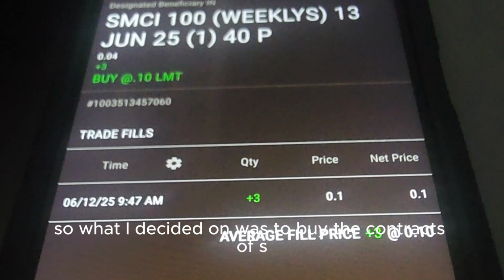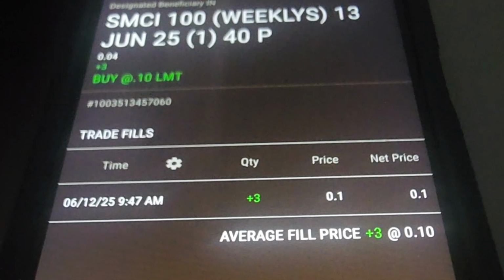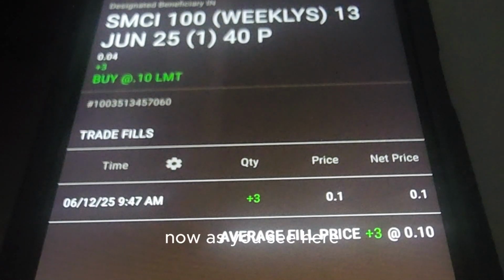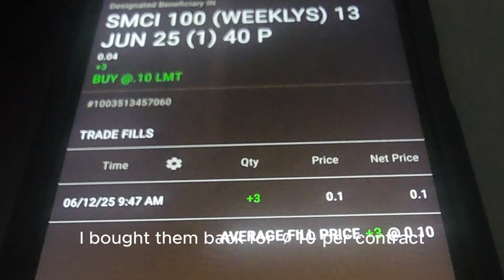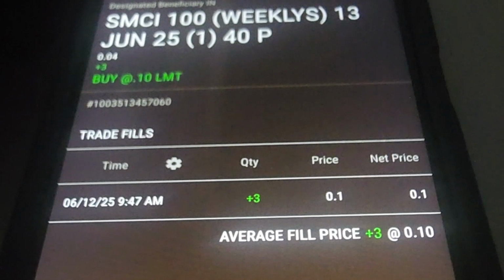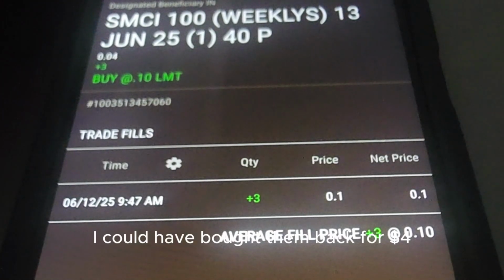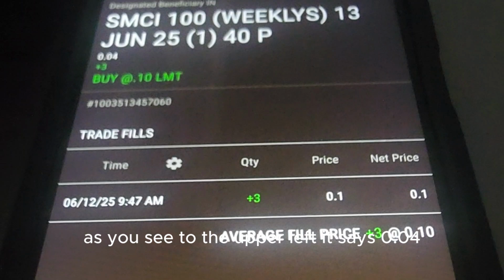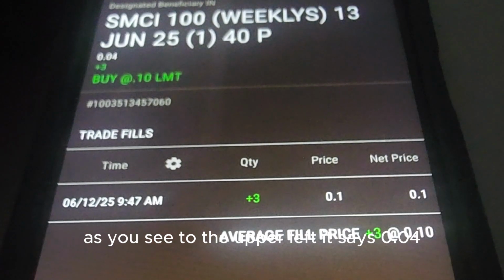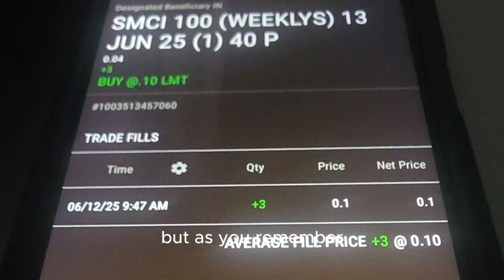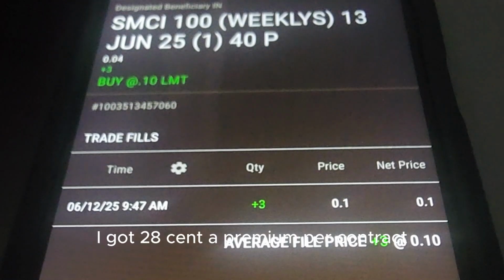So what I decided on was to buy the contracts of SMCI back. Now, as you see here, I bought them back for 10 cents per contract, which ended up being $30. I could have bought them back for $4. As you see to the upper left, it says 0.04. But as you remember, I got 28 cents of premium per contract.